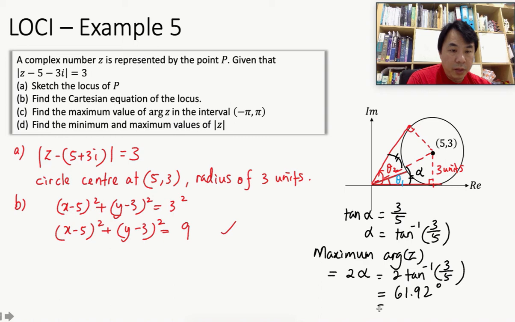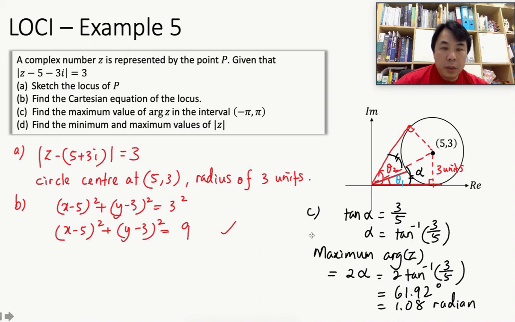So that answer in radians is 1.08, three significant figures. Then that will be our maximum argument for z, right? And it's located within negative pi and pi here. So I hope that is clear. That's the answer for C here.